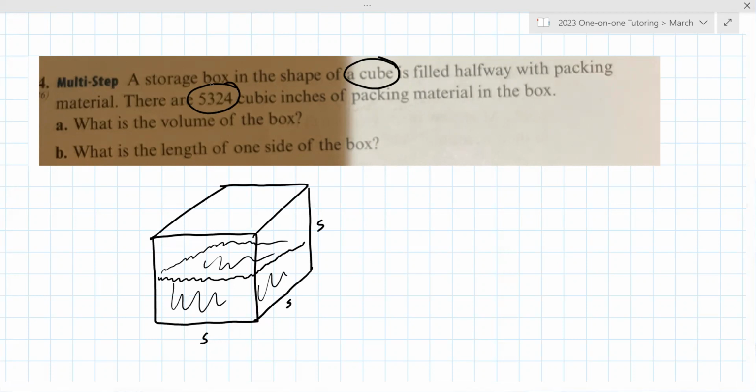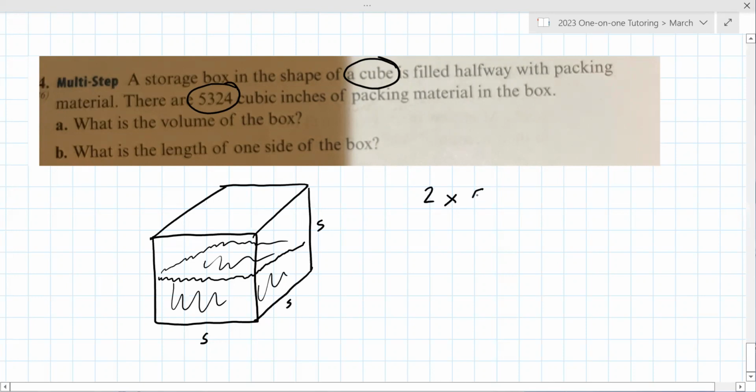Yeah, half the volume. So if we double that number, that's going to give you the volume. Okay. 5, 3, 2, 4, 2. Okay. So that's A. That's part A.